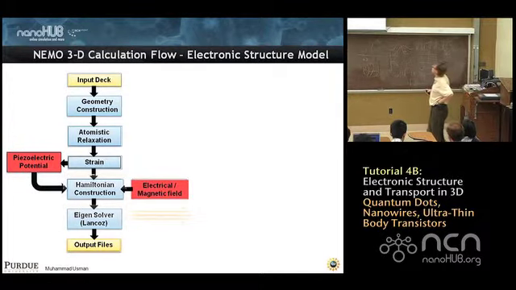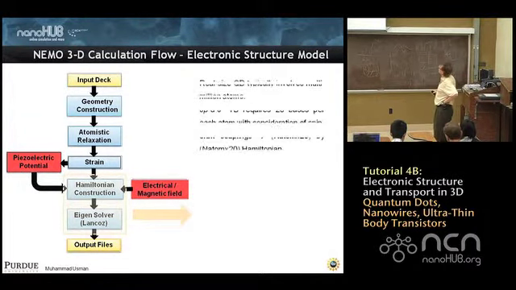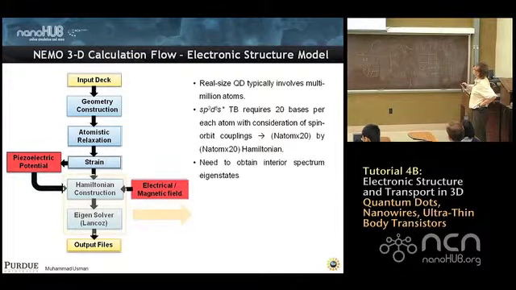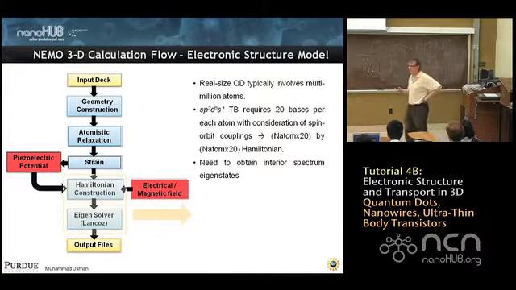Okay? All right. So in the eigensolver, what we do there is we represent Schrödinger's equation in a large matrix. It's a Hermitian matrix, but it happens to be pretty large. And what is also hard is we have to get to the interior eigenvalues.